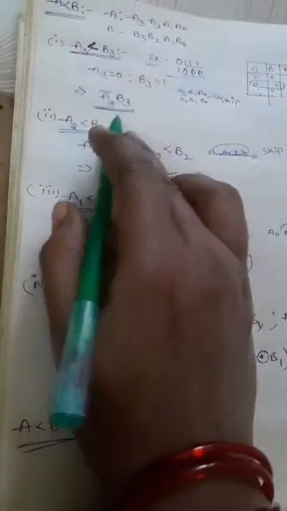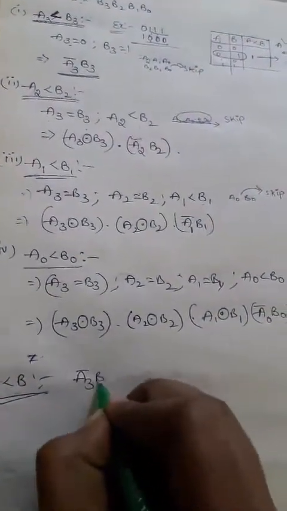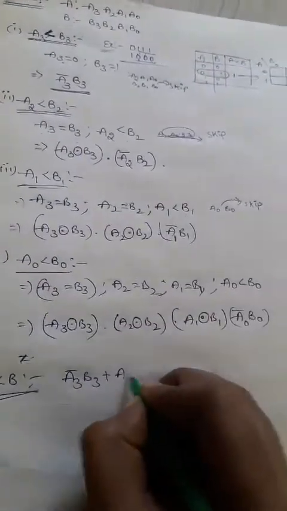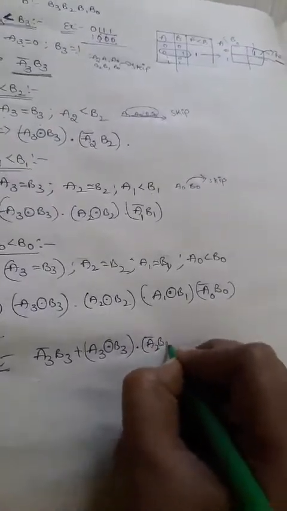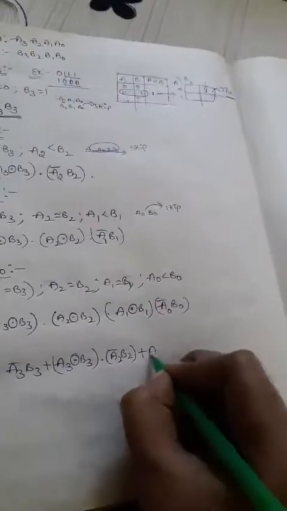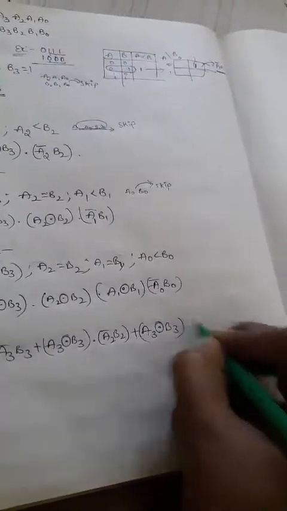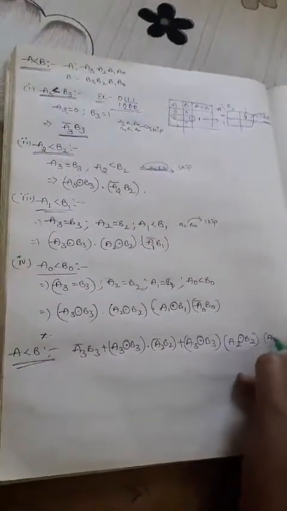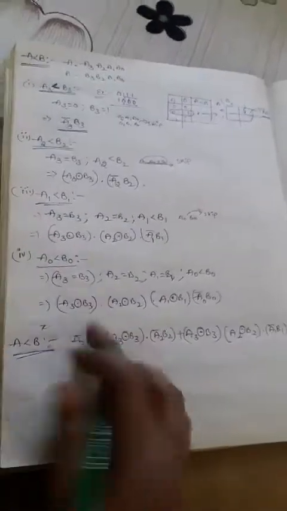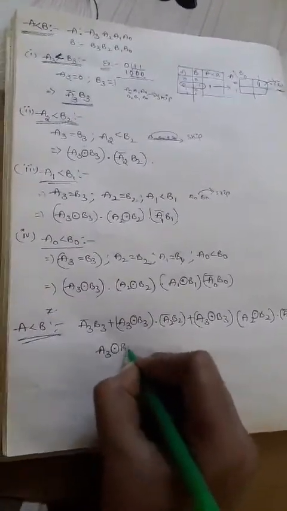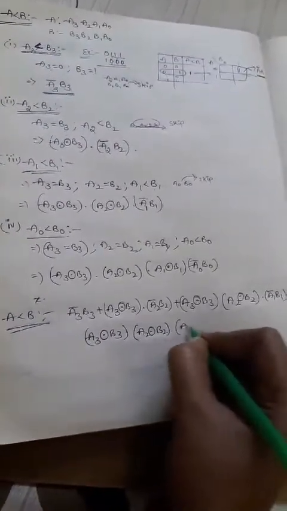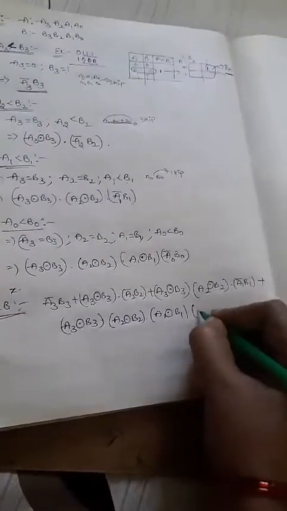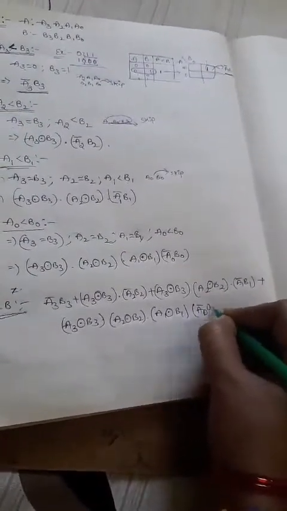So the A less than B output is: the first case, A3 complement B3, plus the second case, A3 XNOR B3 into A2 complement B2, plus the third case, A3 XNOR B3 into A2 XNOR B2 into A1 complement B1, plus the fourth case, A3 XNOR B3 into A2 XNOR B2 into A1 XNOR B1 into A naught complement B naught.